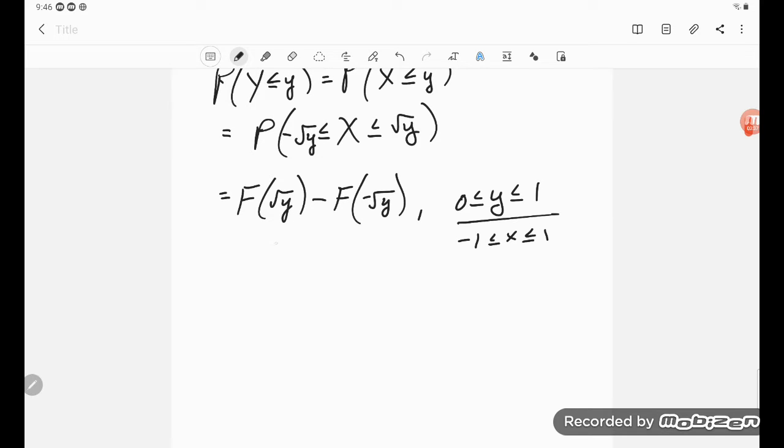And so what happens here is this f of the square root of y is going to be the positive square root. That is 1/3 minus square root of y squared minus 4 square root of y, all over 6.